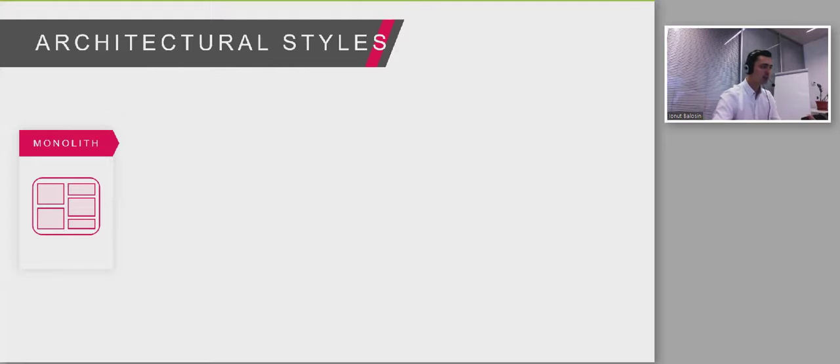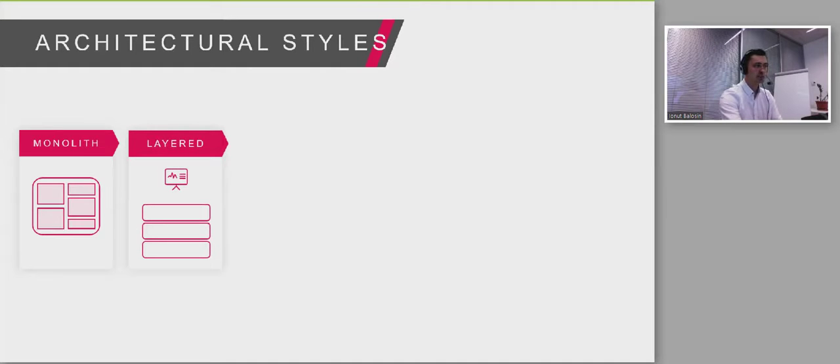So what happened, especially with J2EE, it came up with these layered architectures. What's the idea around it? It would be to split, for example, the business logic, the presentation logic, the integration logic, each into its own layer.